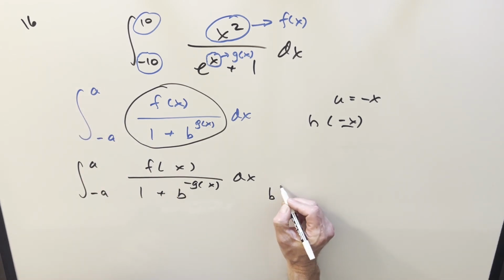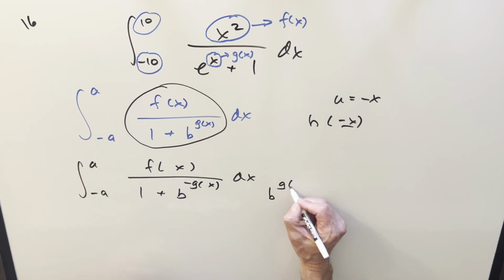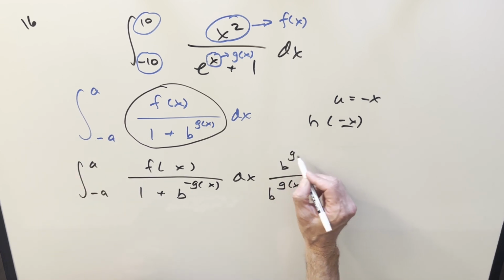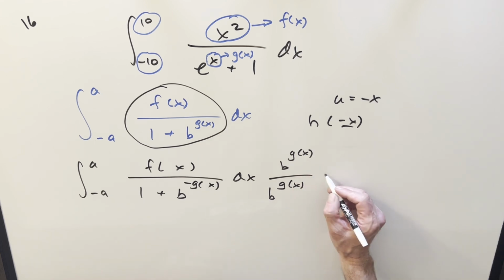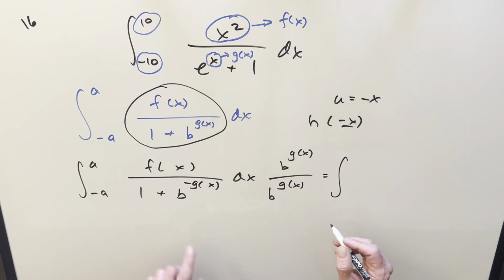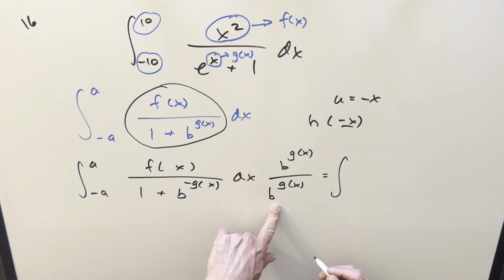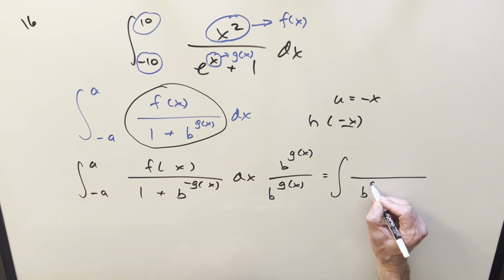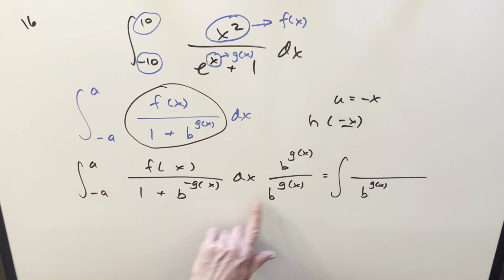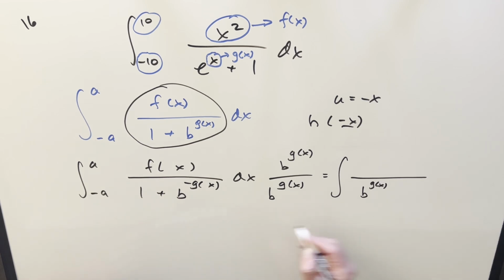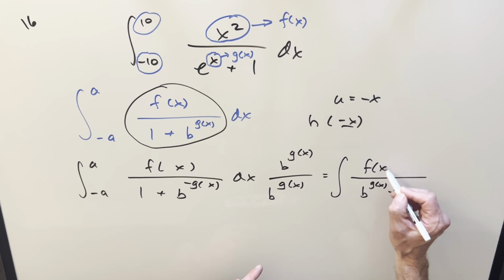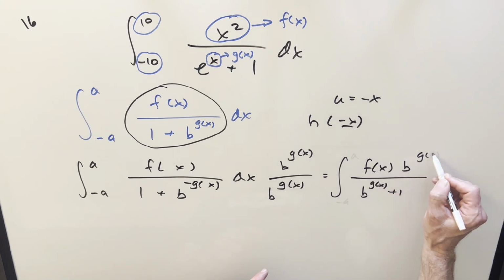To get it back looking like the original, I can just multiply by 1, multiplying in b to the g of x. Let's see what we have, because it's going to be pretty nice. b to the g of x times 1 is just b to the g of x. Here, this thing times this thing gives us 0 exponent, so we just get a plus 1 here, and it's all over this stuff.